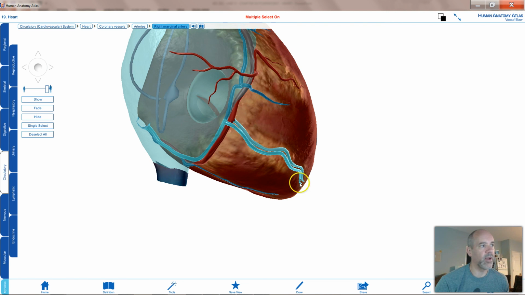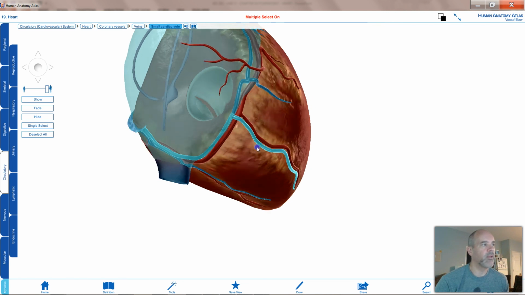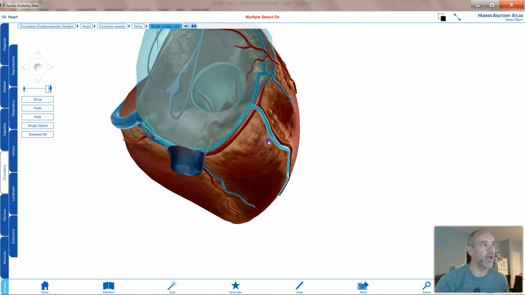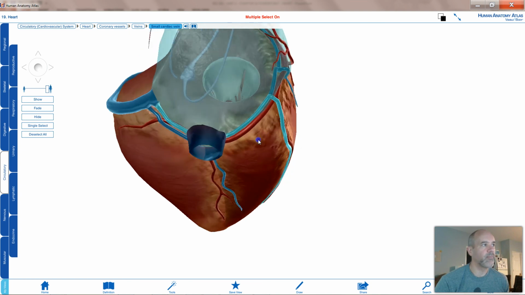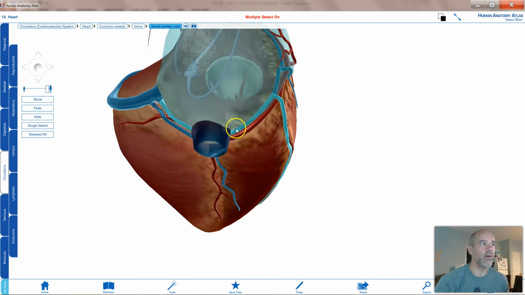So that's the artery, and here's a portion of this vein. This one is called the small cardiac vein. So everything you see highlighted in light blue, including a portion that runs along the right marginal artery, then runs in parallel along the right coronary artery as it loops along that border between the right atrium and the right ventricle.